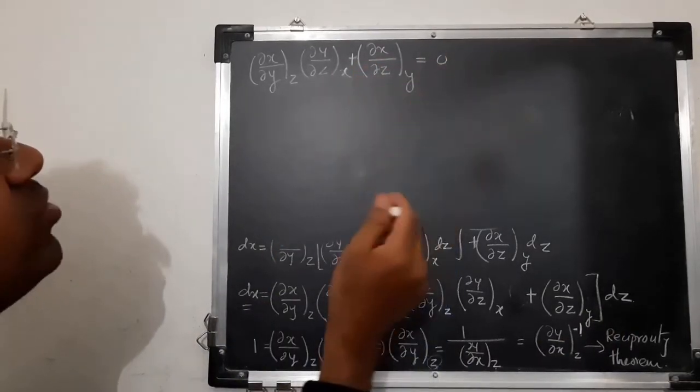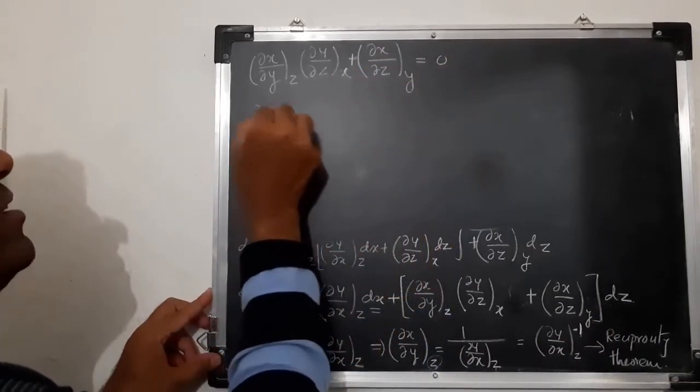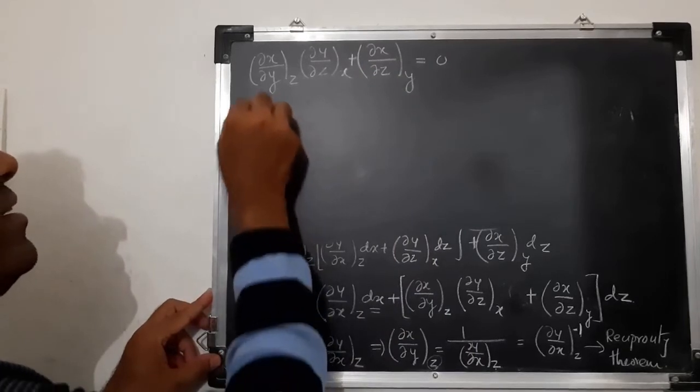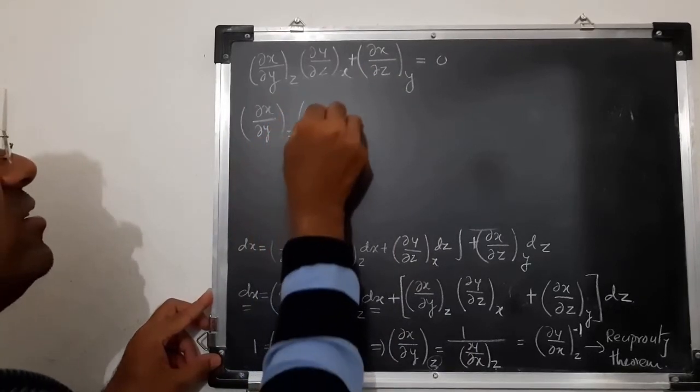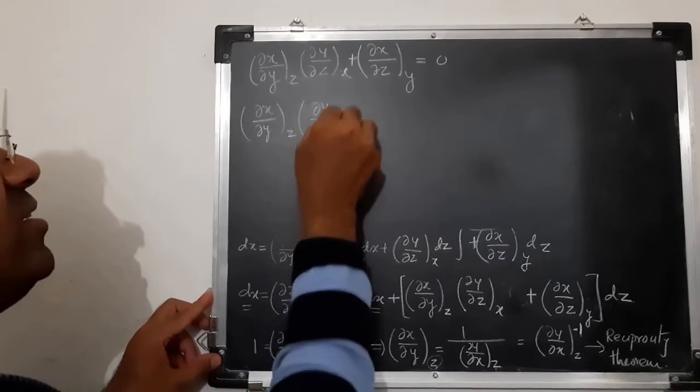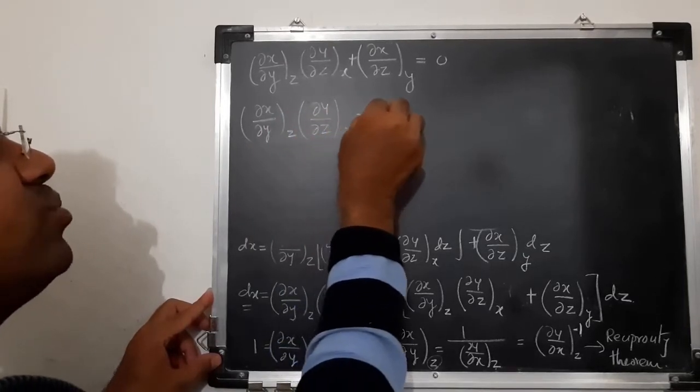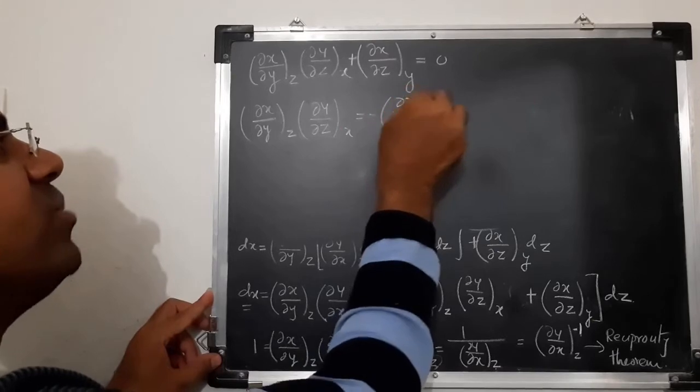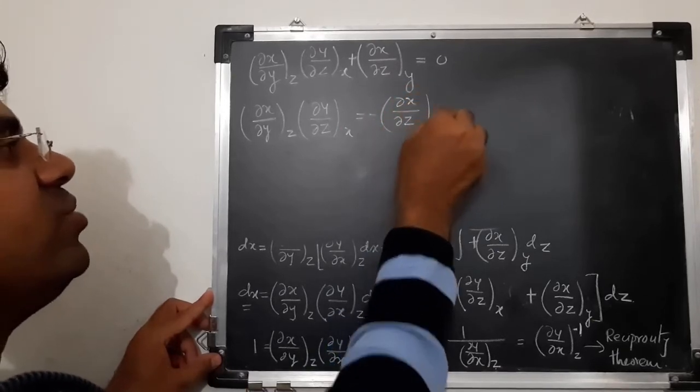So I will send this term to the RHS. So what you will get: ∂x/∂y (z) times ∂y/∂z (x) is equal to minus ∂x/∂z (y).